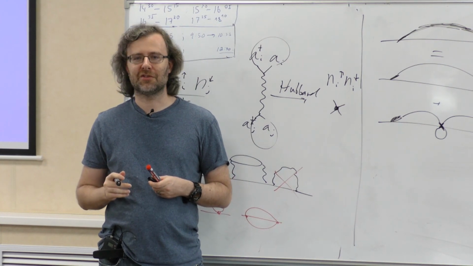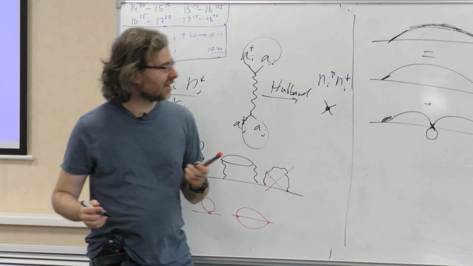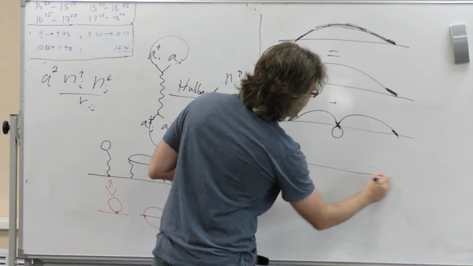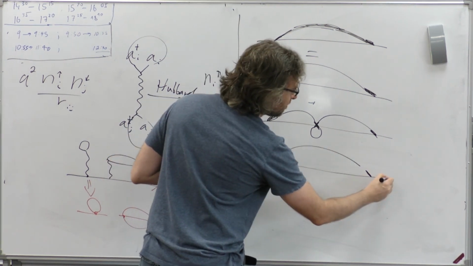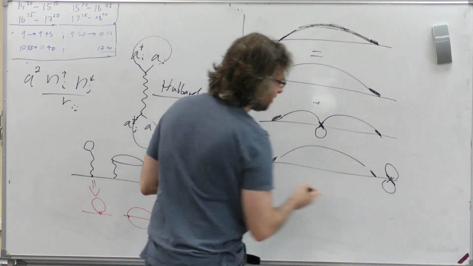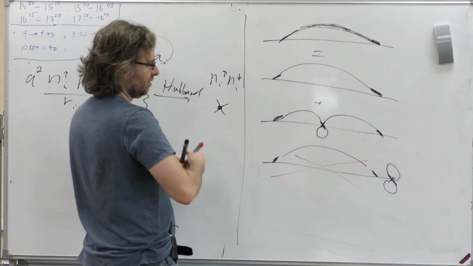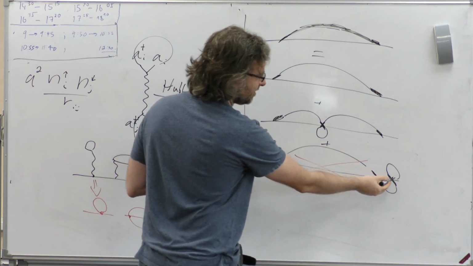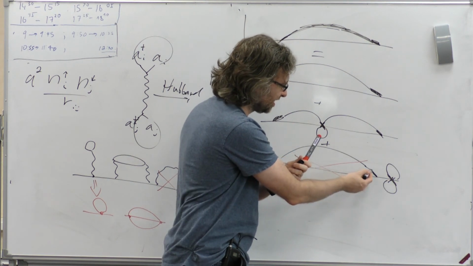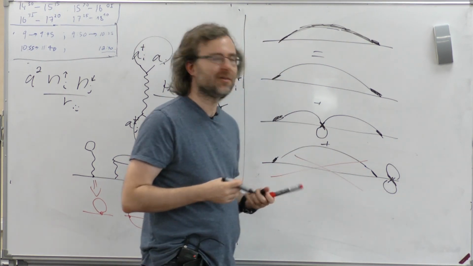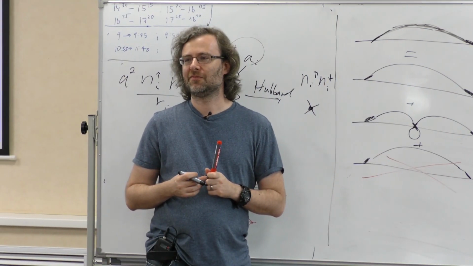Contributions to the Green's function are only connected diagrams, in the sense that, for instance, this is not a contribution to the Green's function, because this set of vertices is not connected to my external vertices.